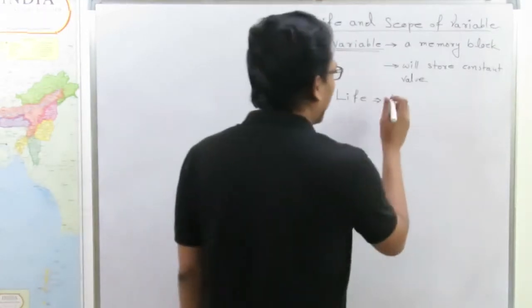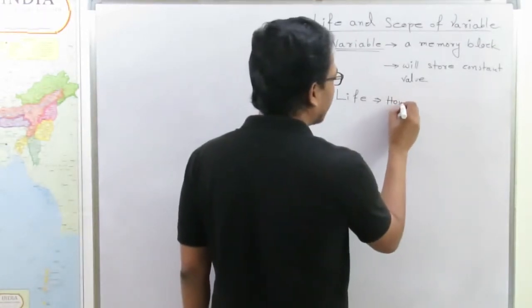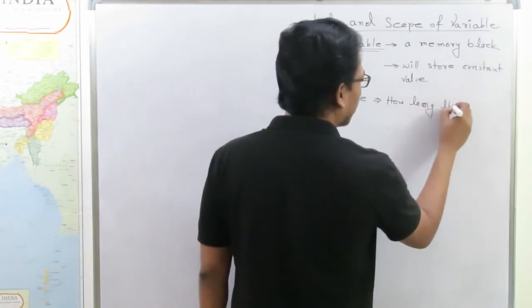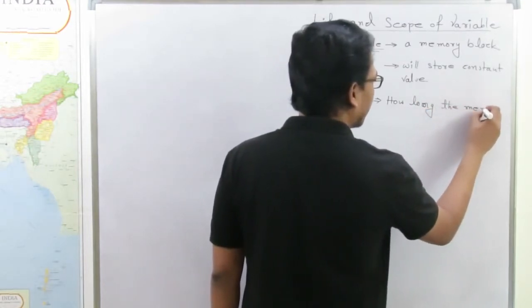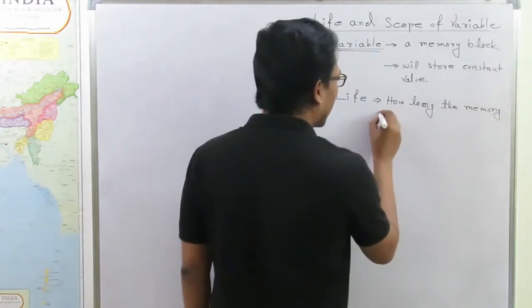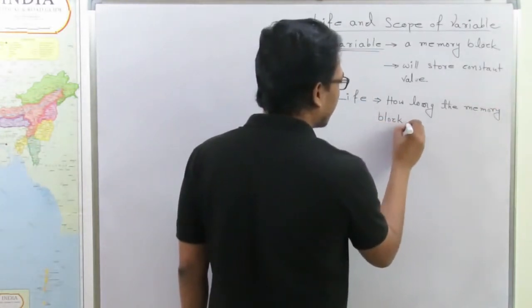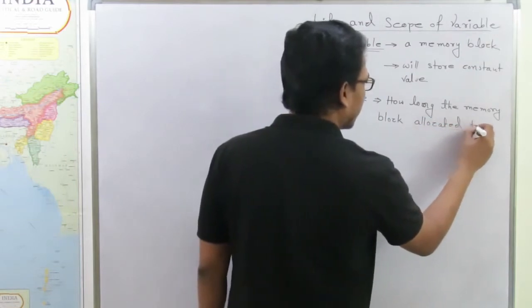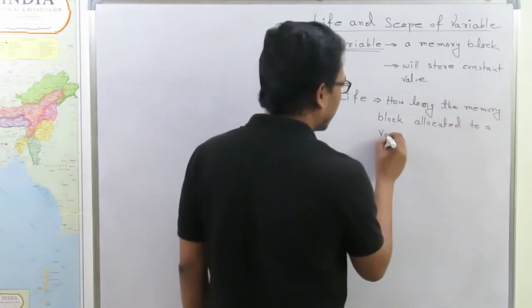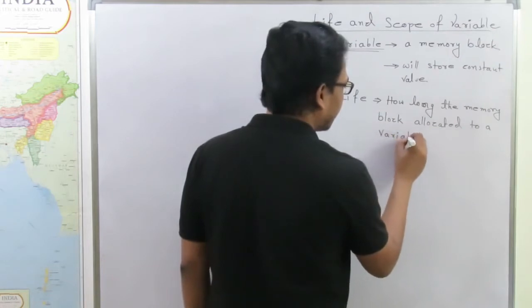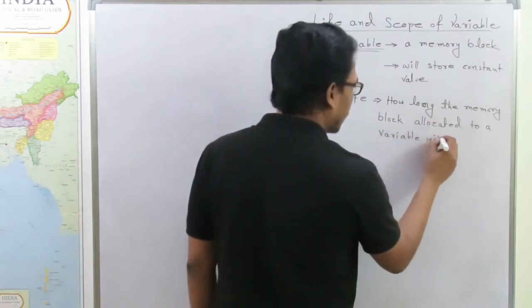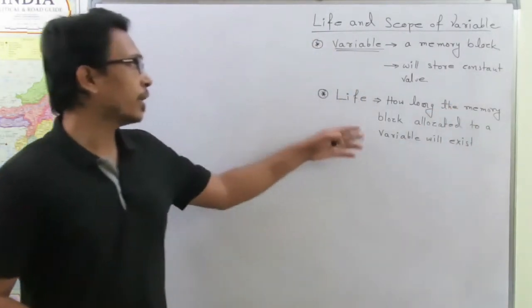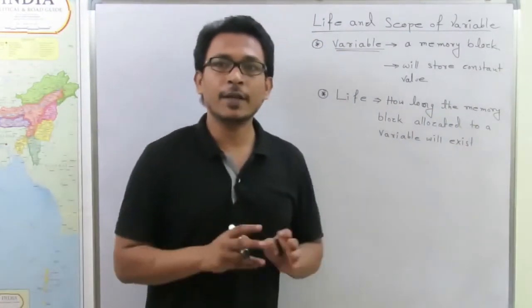That means how long the memory block allocated to a variable will exist. This is called the life of any variable.